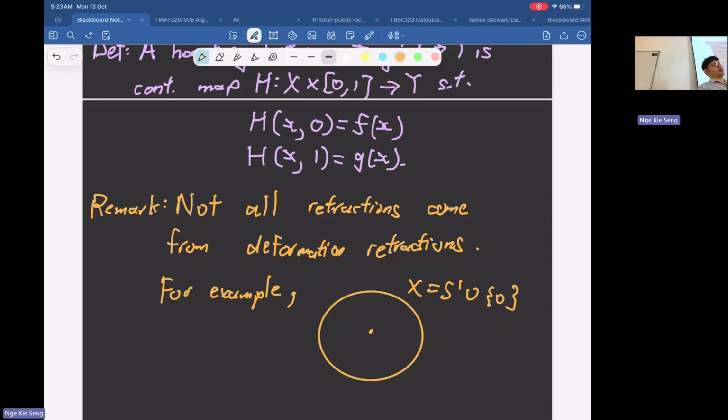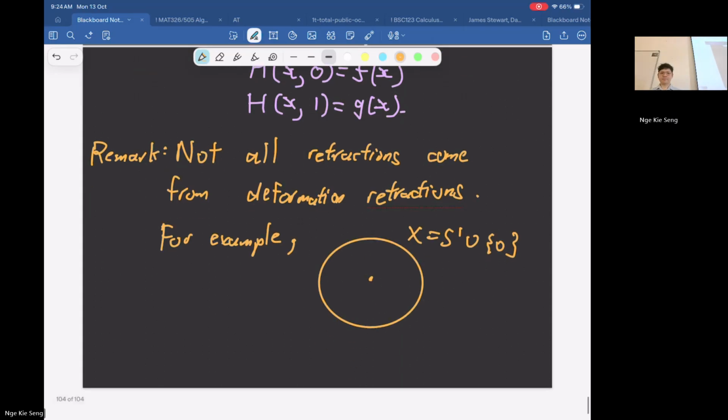So how to show? Maybe you suppose there is one. Later we will deduce more properties of deformation retracts. Then maybe you can use those properties to see why you don't have this kind of retraction.